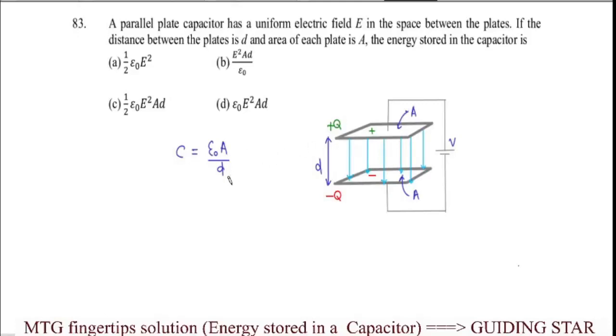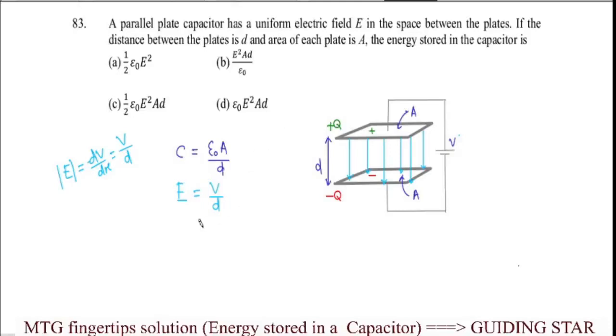We know that the magnitude of E is dV by dr, or, as the potential difference across the plates is the same as the source potential, it will be V by the distance between the plates, let it be D. So finally E will be V by D. So capacitance is epsilon A by D and E equal to V by D.